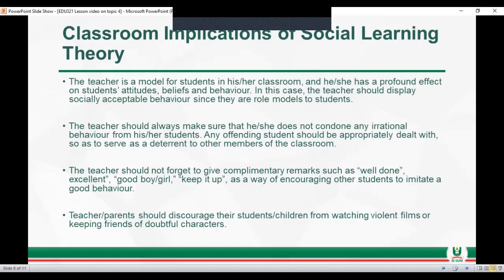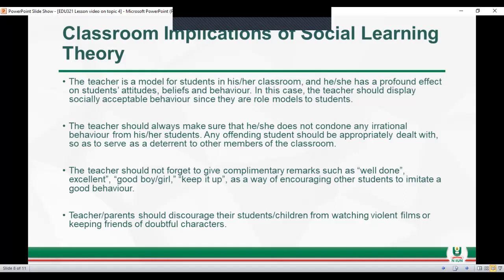Okay, the teacher should not forget to give complimentary remarks such as well done, excellent, good boy, good girl, keep it up. Like I've always said, just saying well done, excellent, good boy or good girl is not enough. You have to add the student's name and also the positive thing that that student has done.